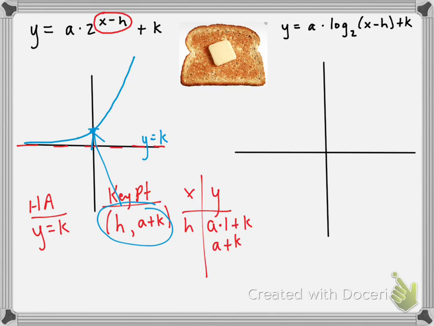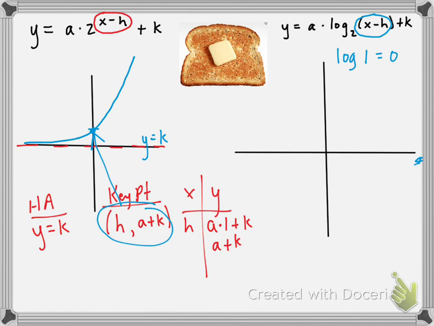Now, a logarithmic function. If you remember, the log of 1 is equal to 0, so this is your bread and butter. If you can make that argument equal to 1 by choosing the correct x value, we're going to do that in the following videos, then it simplifies what the y value is.